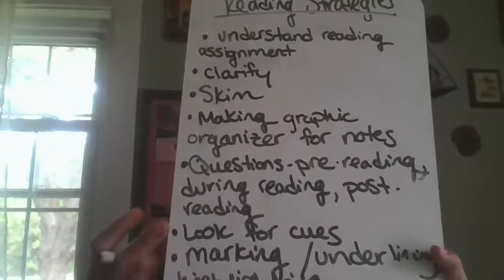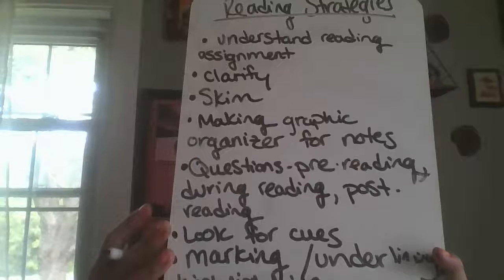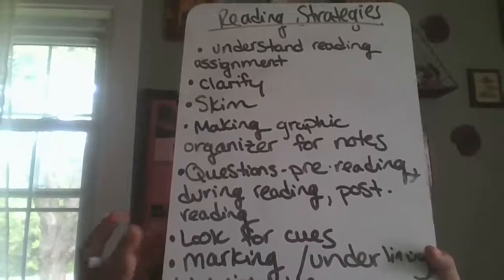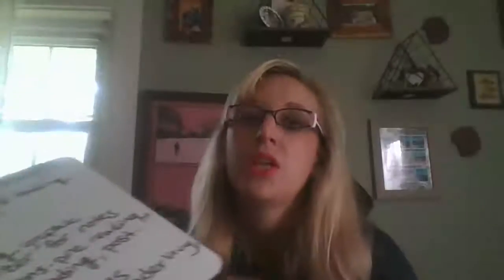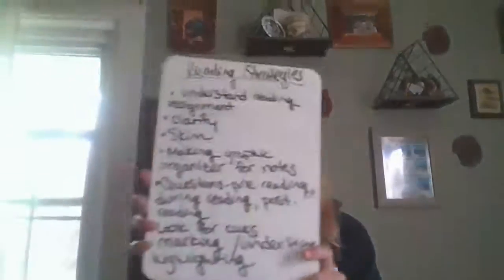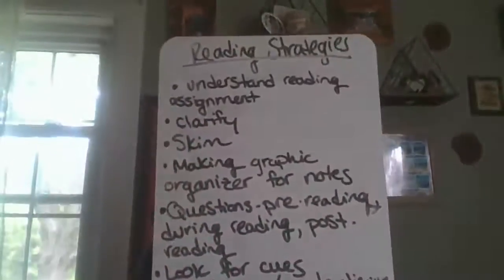But this is important, especially for college textbook reading. When you're mixing up the monotony of reading with physical action, like taking notes or highlighting, your brain is activated in those different ways instead of just one big chunk of reading time. You're breaking it up with some of these different strategies.